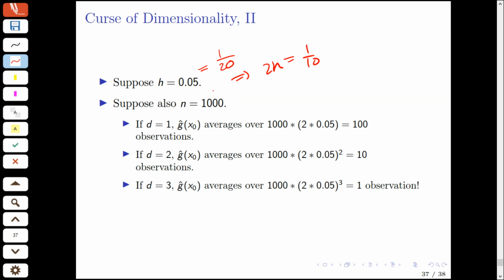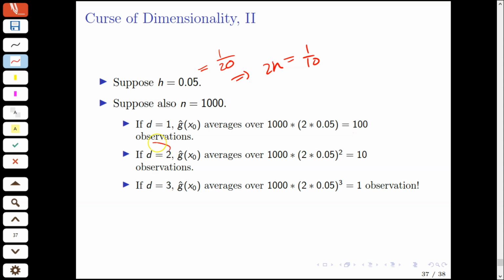Then in one dimension, our previous expression states that, on average, our kernel estimate arises from an average over n being 1,000 times 2 times the bandwidth 0.05, which is 100 observations.